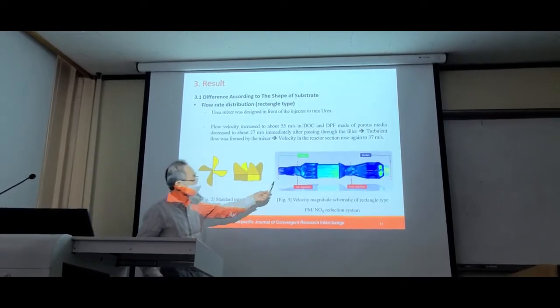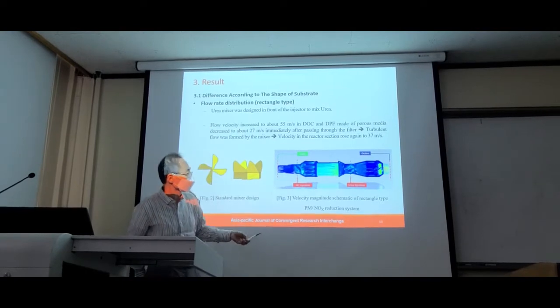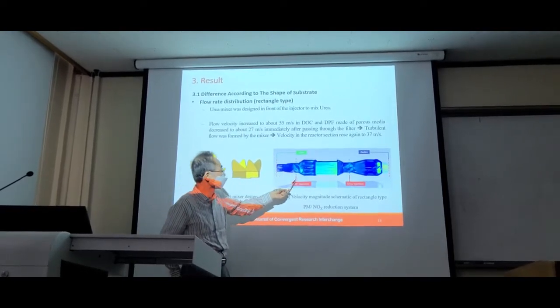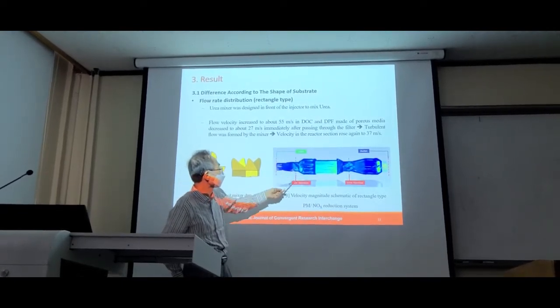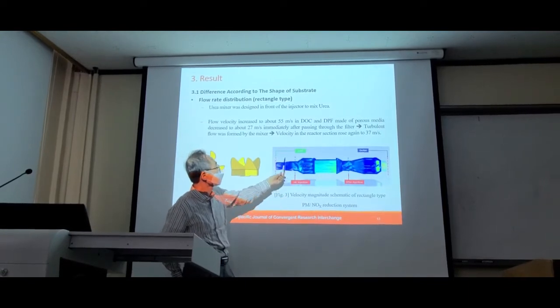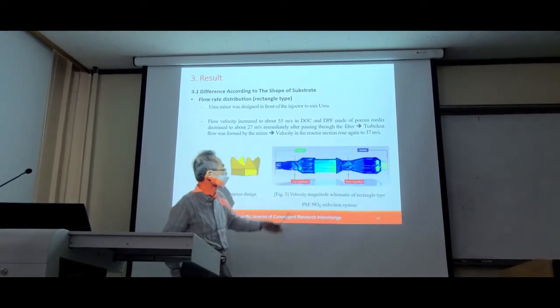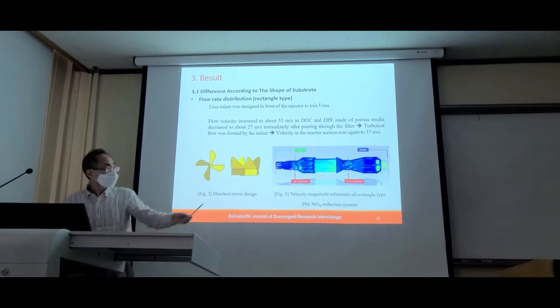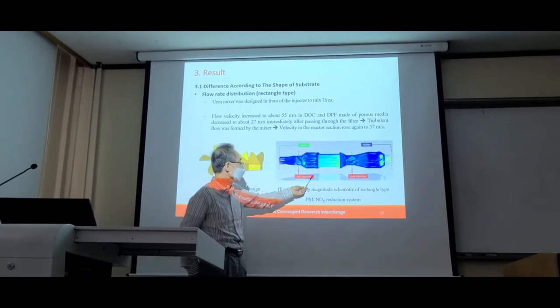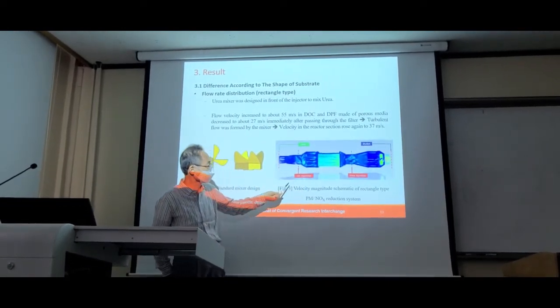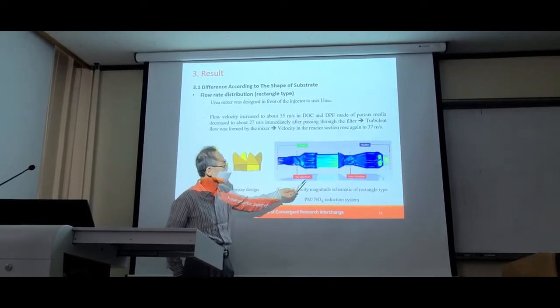Look at this one, it's the velocity magnitude of the schematic rectangular type of substrate, and there is an inlet and an outlet. This is the HC, the hydrocarbon injection, and this is from the pure injection.